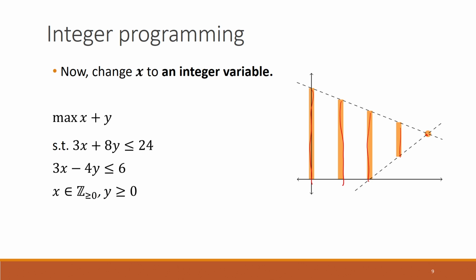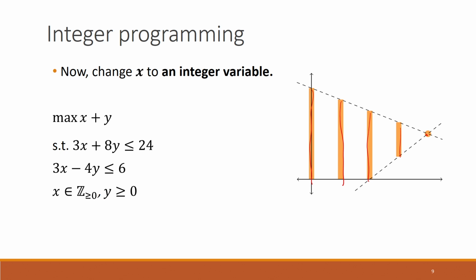Now, you can see that the feasible region for this optimization program is a subset of the feasible region for the corresponding linear program that we saw in the previous slide. So, one thing is clear: the best solution value that you can get from here can only be equal to or less than the best value that you obtained from the last linear program, okay.